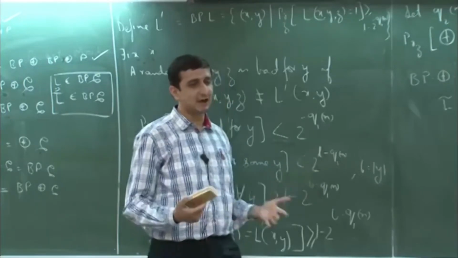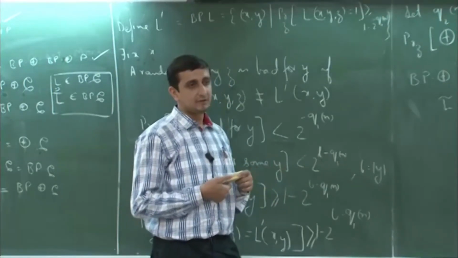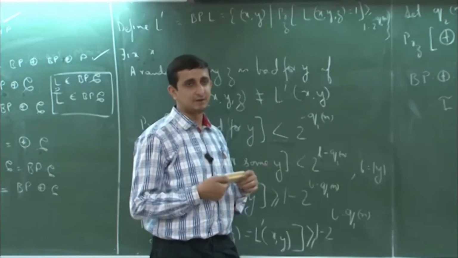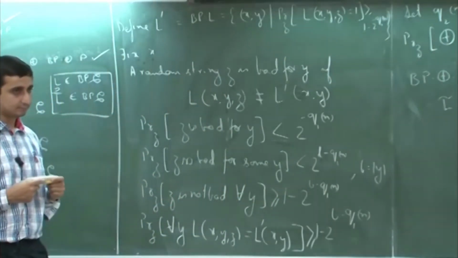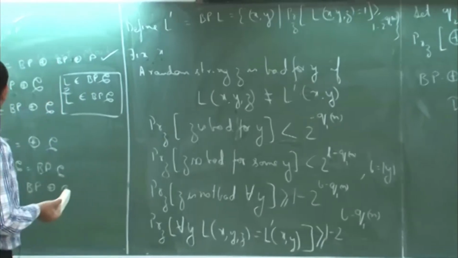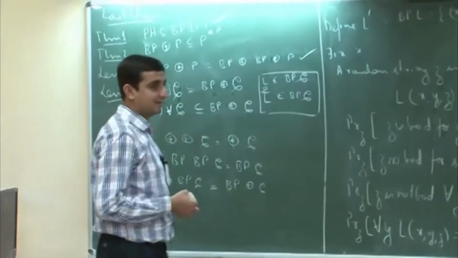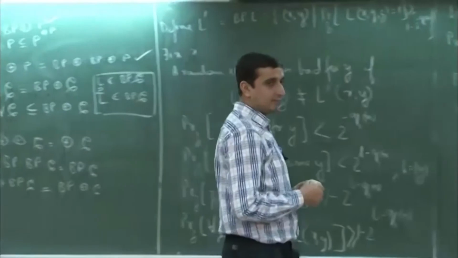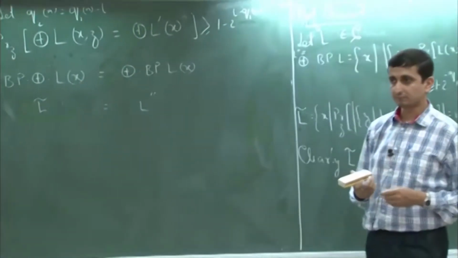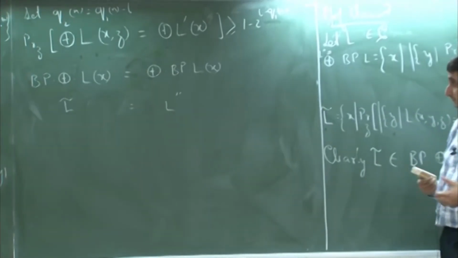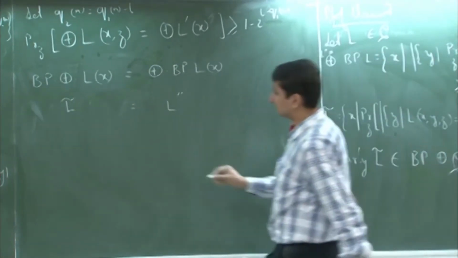So if L is too large, let us say some exponentially large number, I do not know whether things will work out fine. But as far as we are concerned, we are looking at the polynomial hierarchy. So all certificates have polynomial length, so life is fine.